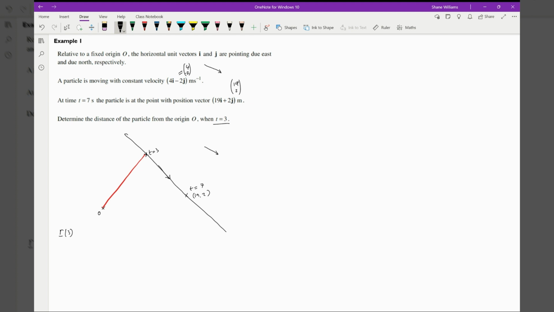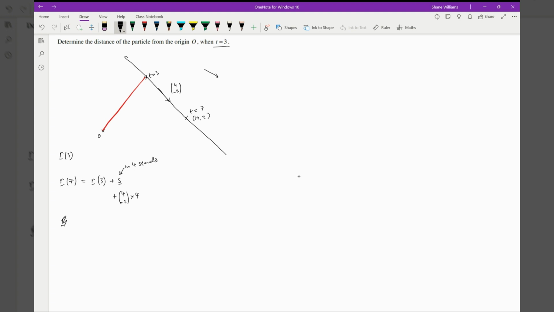So I can work out now, I've got my velocity, and I've got my position at time 7. So my r of 7, where I am at time 7, is where I was, let's say at time 3, plus the displacement I've made in those 4 seconds. And the displacement made in 4 seconds is going to be my velocity times the time of 4 seconds.